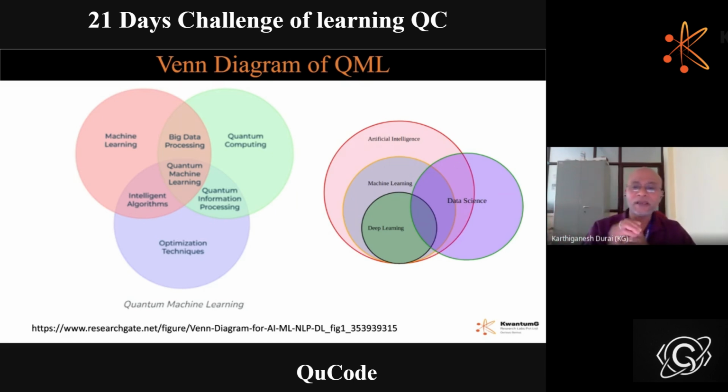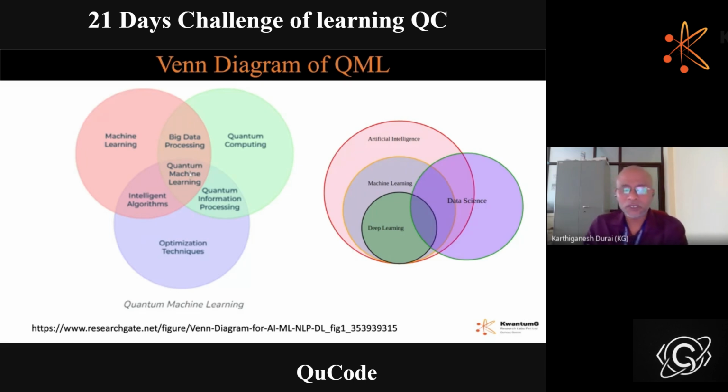I prefer a Venn diagram when we discuss the high-level conceptual view, because that will give you a clear understanding of the skill set you should possess before jumping into quantum machine learning. If you are good at machine learning and optimization techniques, it is the intersection of intelligent algorithms and optimization. But the intersection of three things is QML.